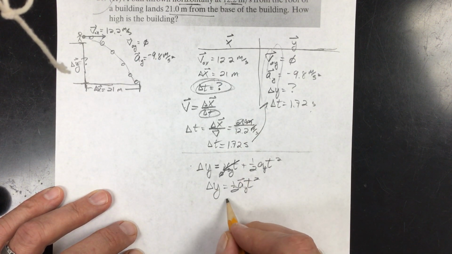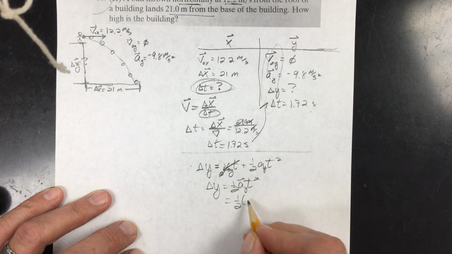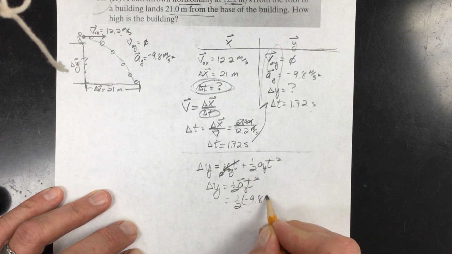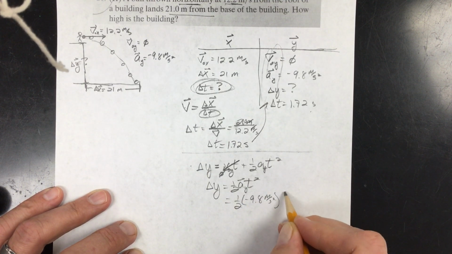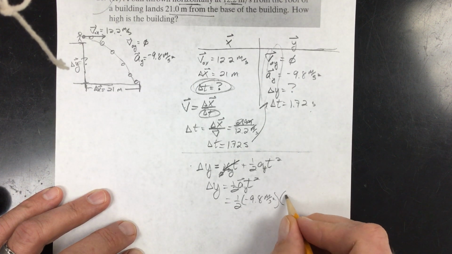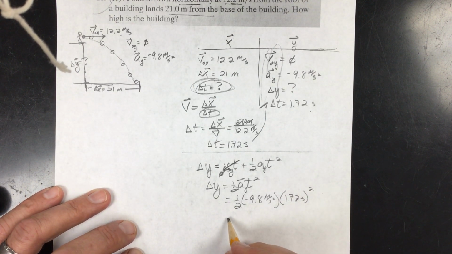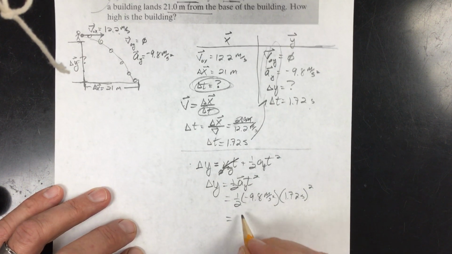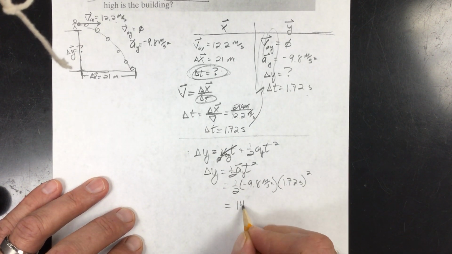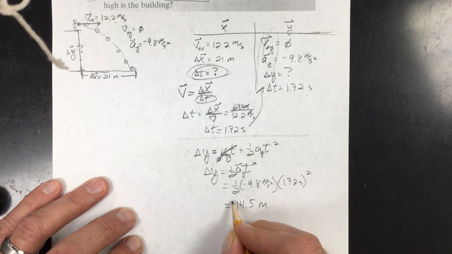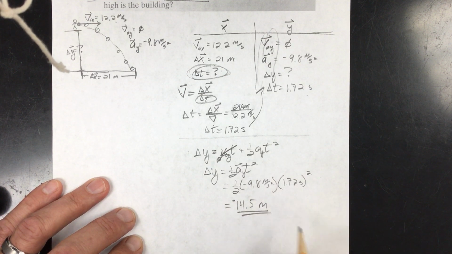I can plug everything in: 1/2 times negative 9.8 meters per second squared times a time of 1.72 seconds quantity squared. When I run that through my calculator, I should hopefully get 14.5 meters, and that's a negative 14.5 meters.